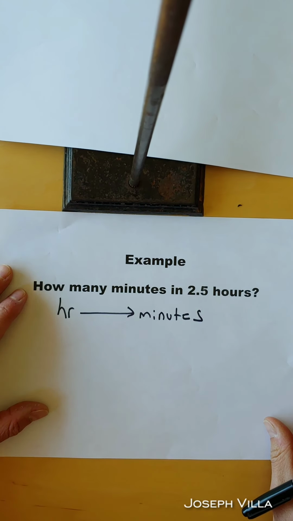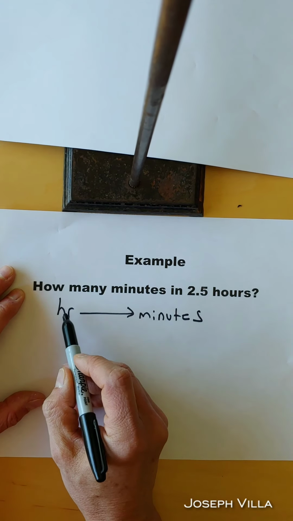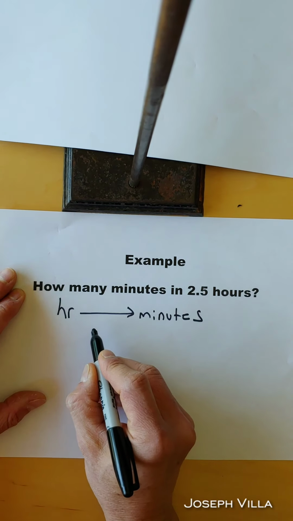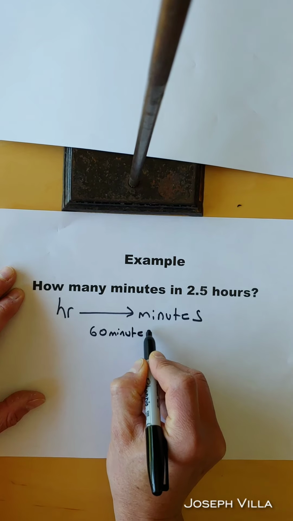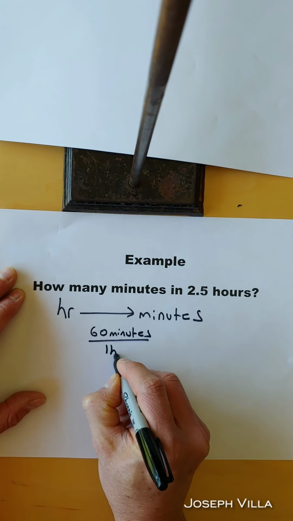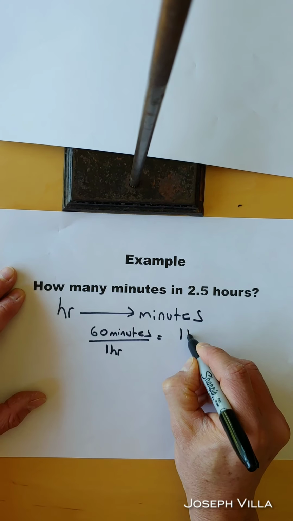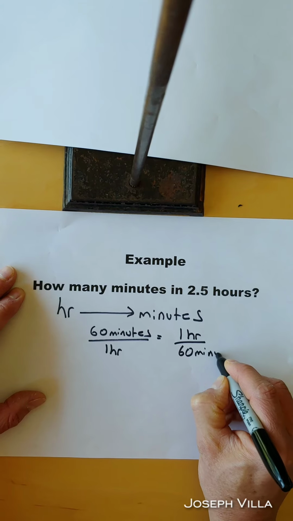Then I can take my hours and say, what's the conversion from hours to minutes? If I remember, I know that there are 60 minutes in 1 hour. We could also say that 1 hour is made up of 60 minutes.